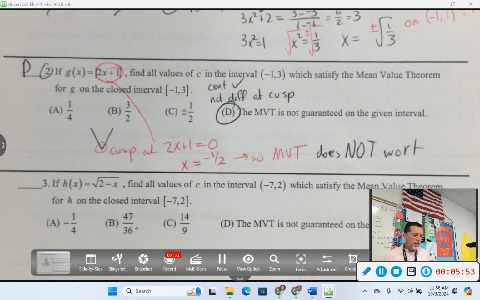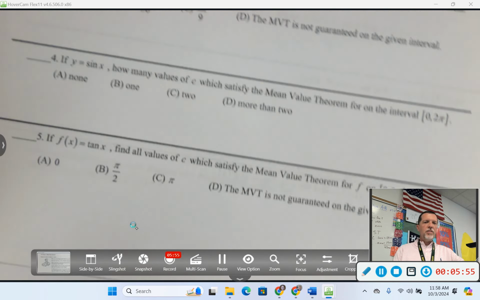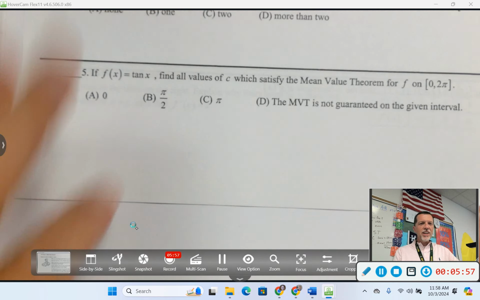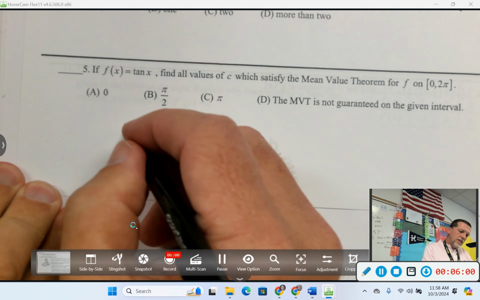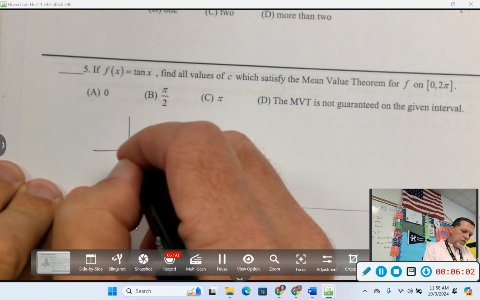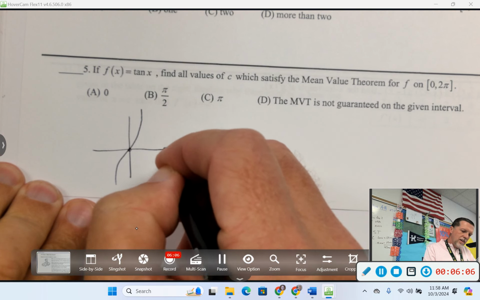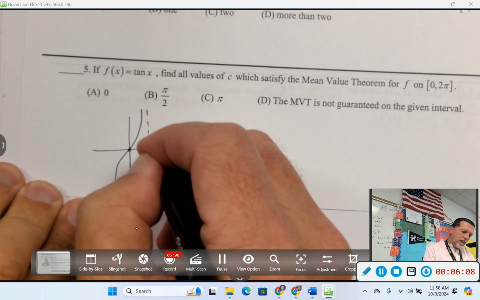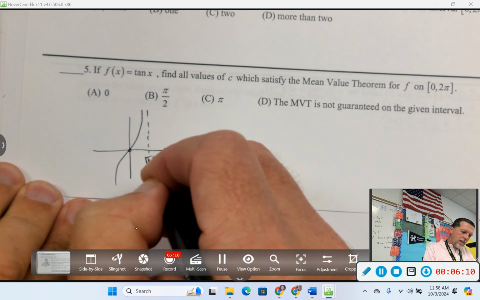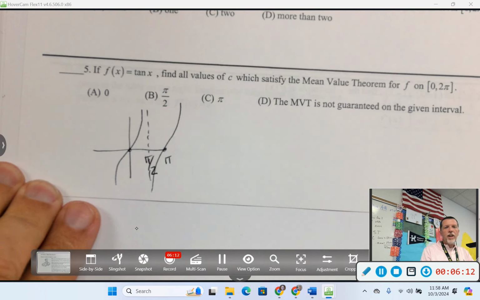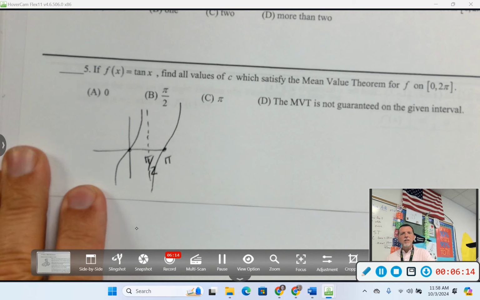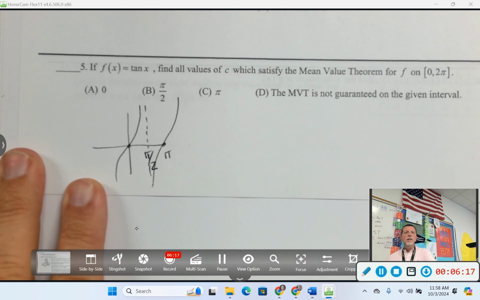I'm looking ahead. Remember what the graph of tangent looks like? It goes through 0, it repeats every pi. So there's an asymptote at pi/2. I think I just answered number 5 for you.